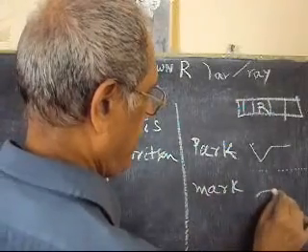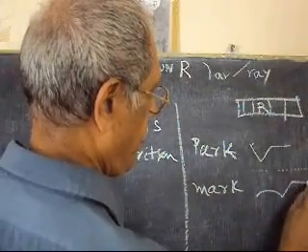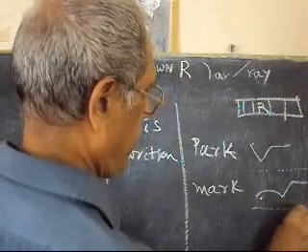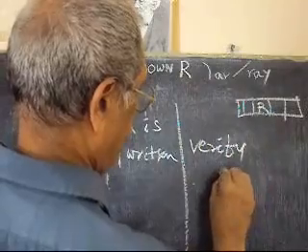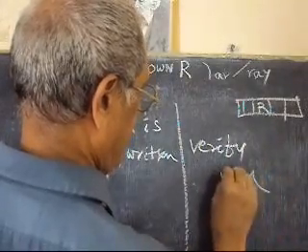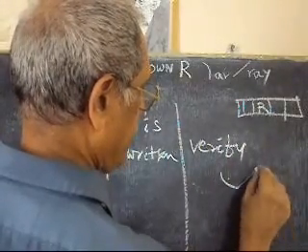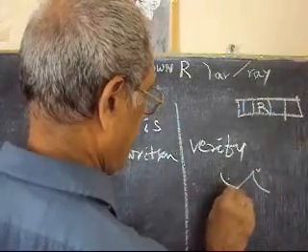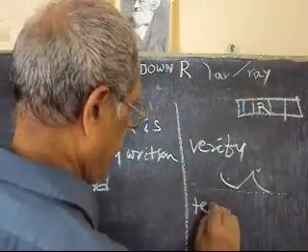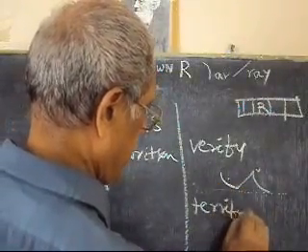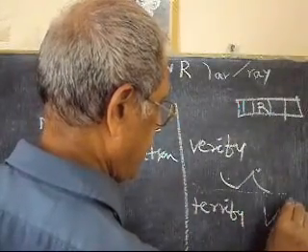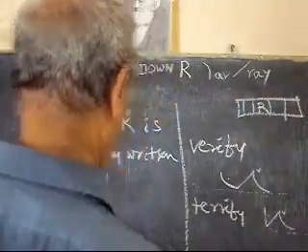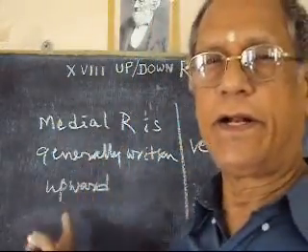Mark. Verify. Medial R is generally written upward.